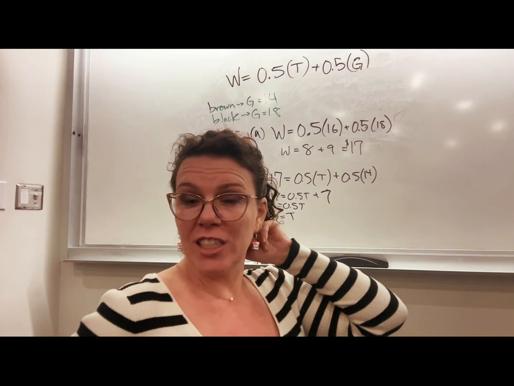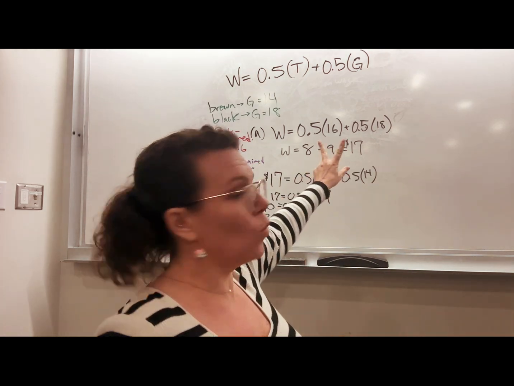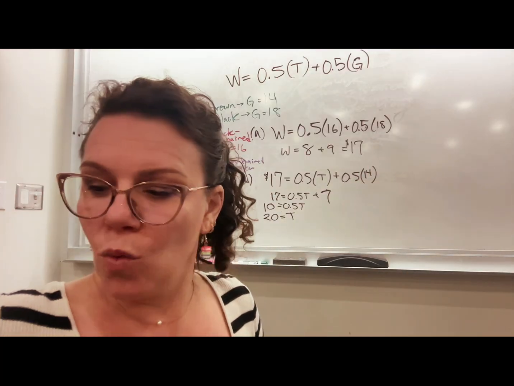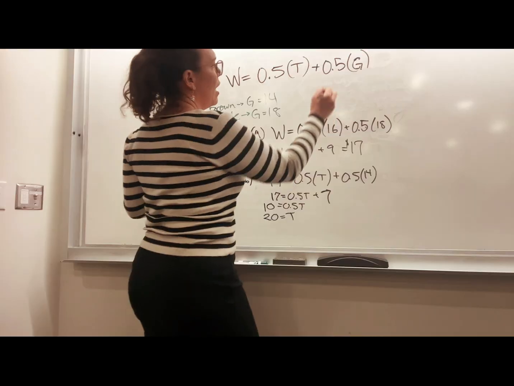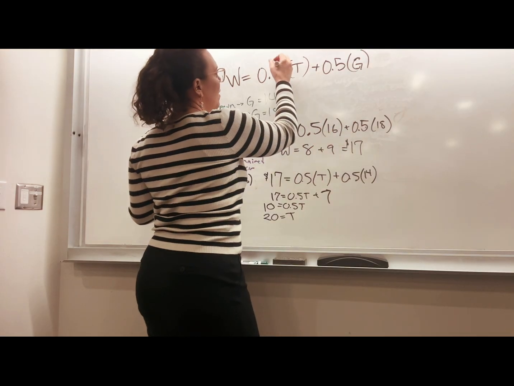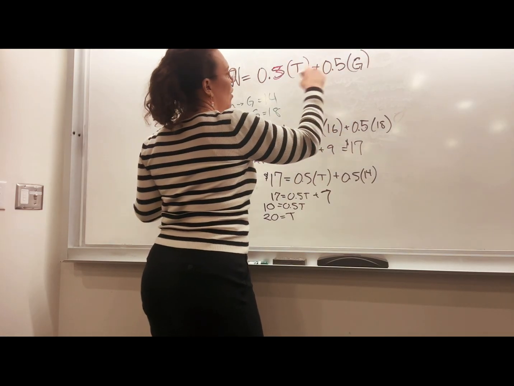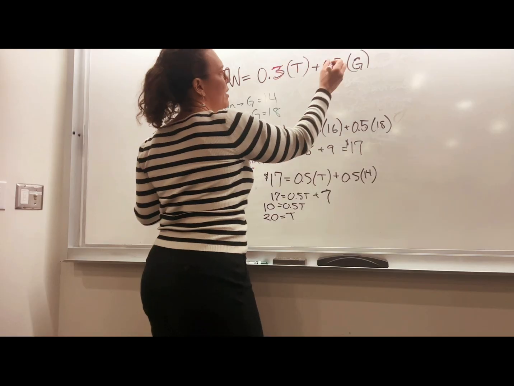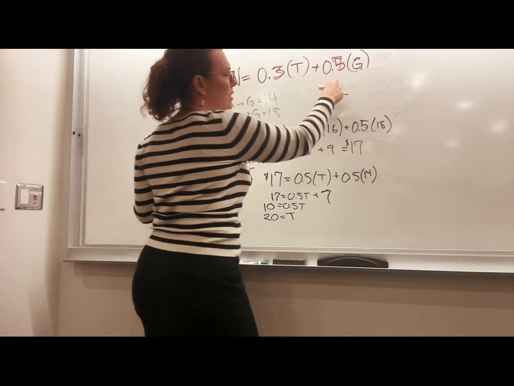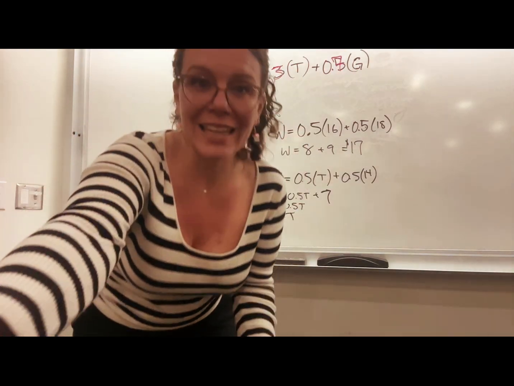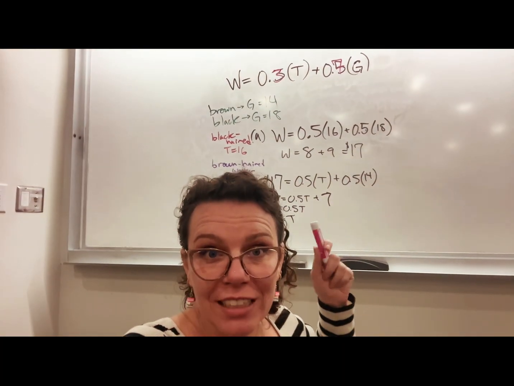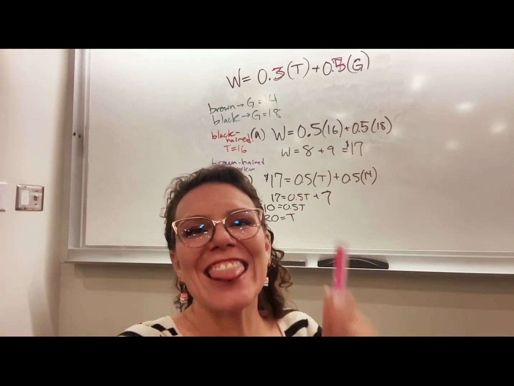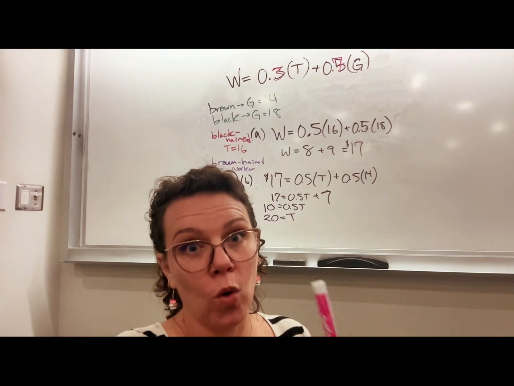The third part of the question asks what would happen if we adjusted the weights. If we change the weights and say instead that 30% of the weight is on the individual test score and 70% is on the group test score, that's going to make the discrimination worse, because now the individual productivity matters even less than the productivity of the whole group.